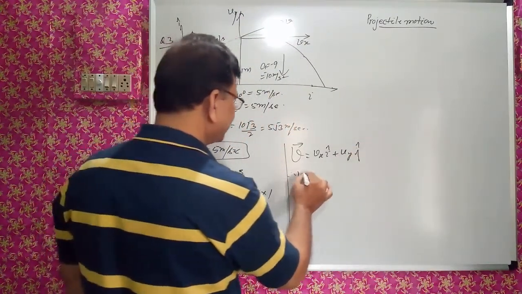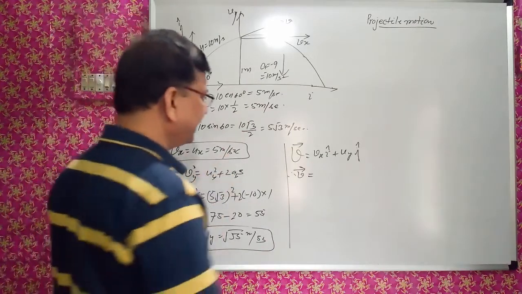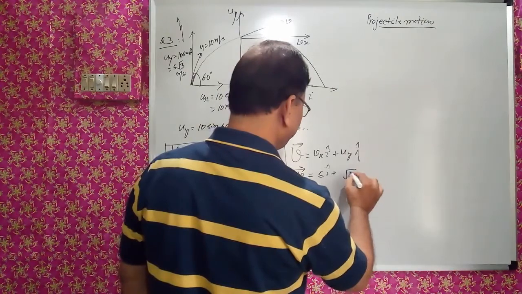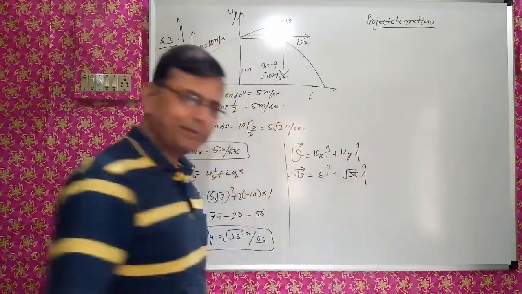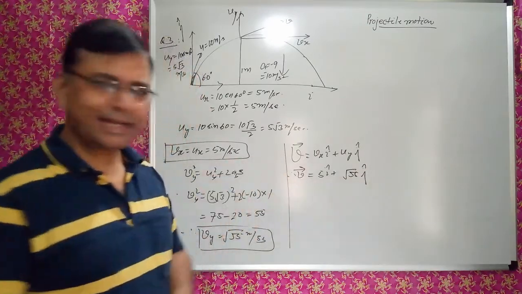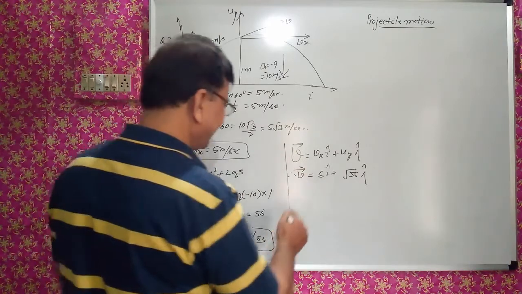So we can write the velocity vector V is equal to 5 i plus under root 55 j. I have written velocity in vector form. So we can find the magnitude out of it, isn't it? And we can find the angle, many things we can find.